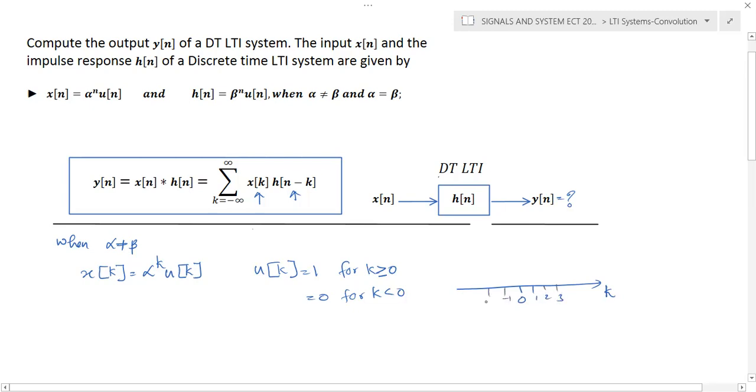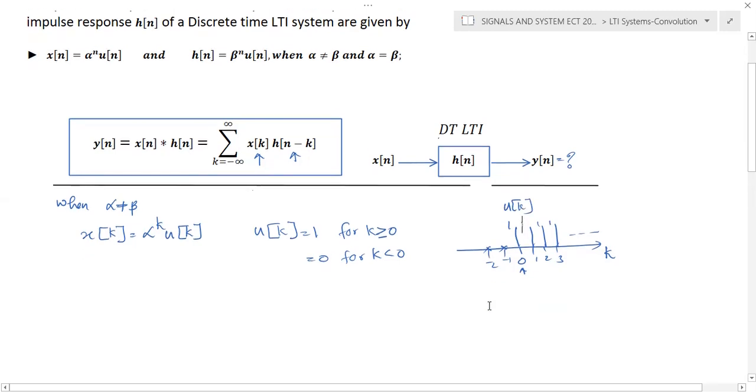Here it is minus 1, minus 2, etc. If k is greater than or equal to 0, the function magnitude is 1. Here, the signal amplitude is 0 when k is less than 0, means from minus 1, minus 2, etc. So this is the signal u of k.